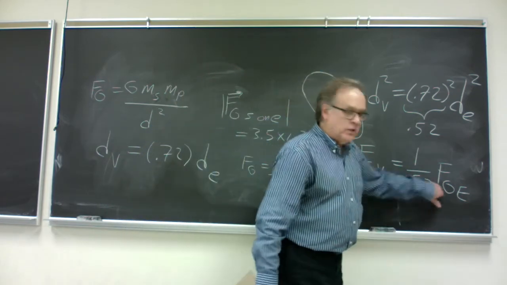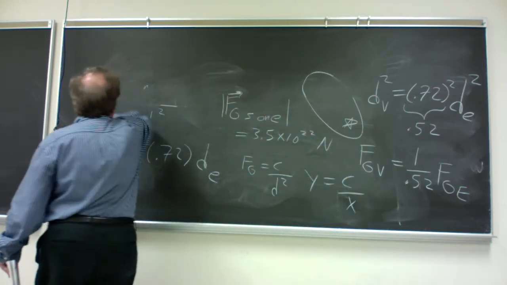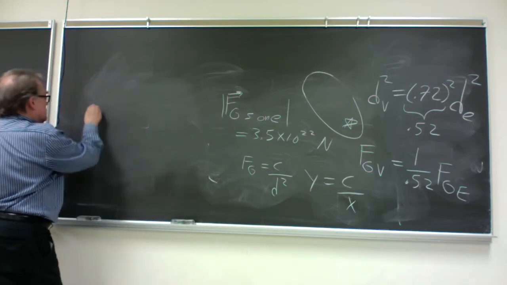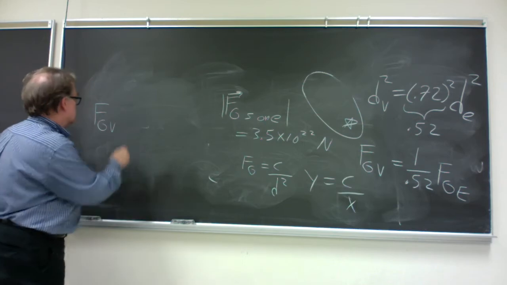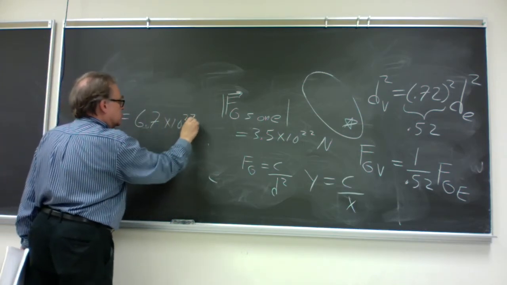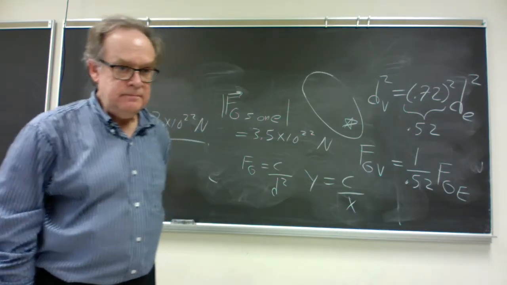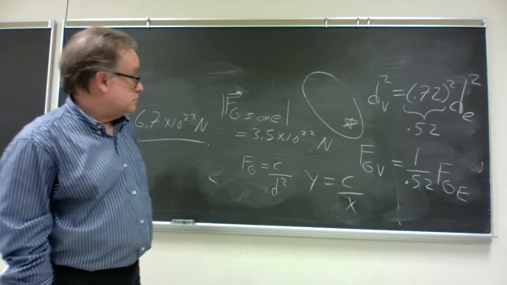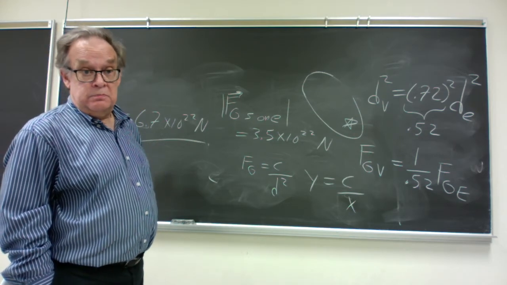So take that 3.5 divided by 5.2, and the magnitude of the gravitational force that Venus feels from the sun is about 6.7 times 10 to the 22 newtons. Not quite twice as strong. And we just used inverse proportionality to figure that out.